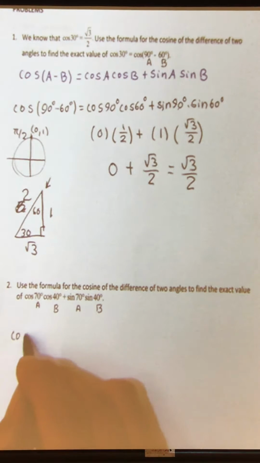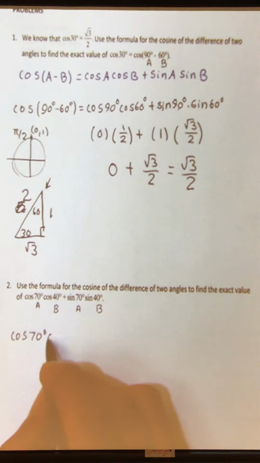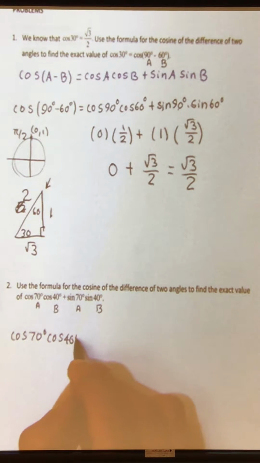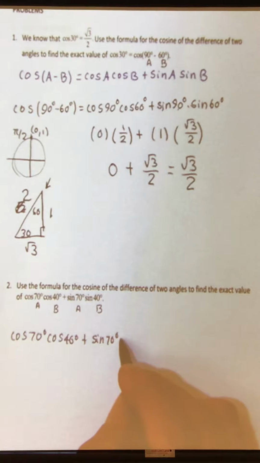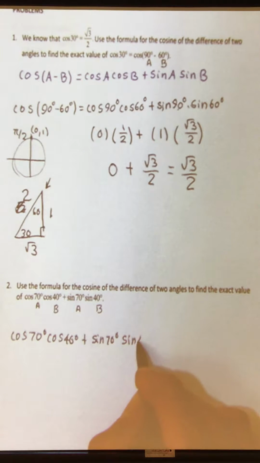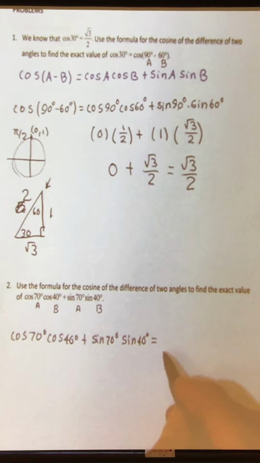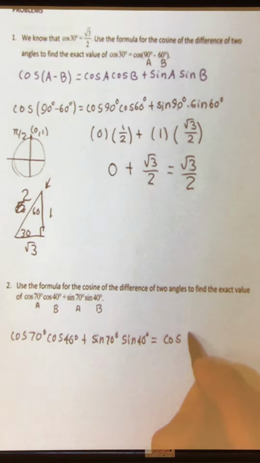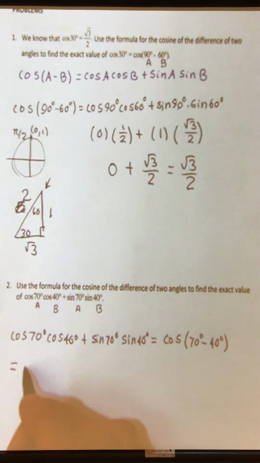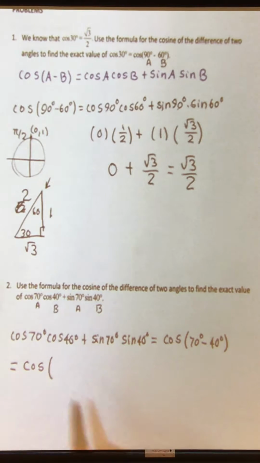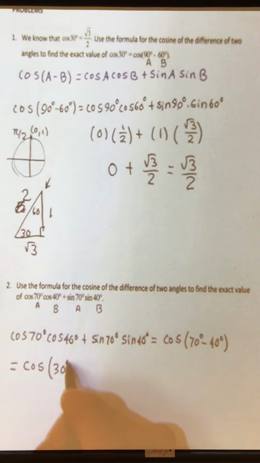So the cosine of 70 times the cosine of 40 degrees plus the sine of 70 degrees times the sine of 40 degrees will be equal to the cosine of the difference of those two angles. A, 70 degrees, minus B, 40 degrees. So simplifying that gives us 70 minus 40 is 30 degrees.